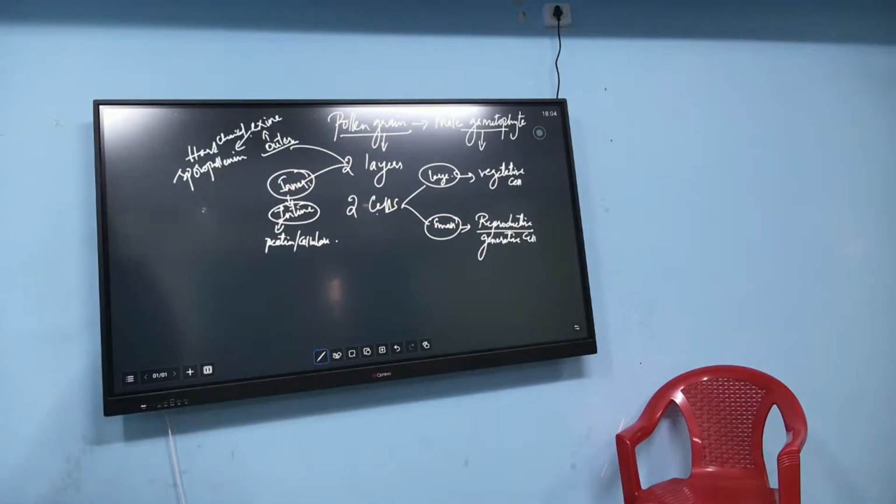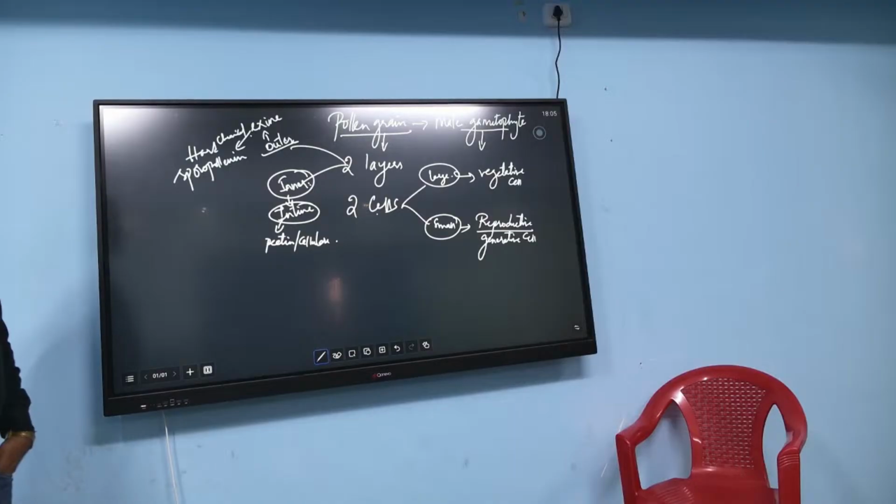So when we talk about pollen grain, point number one, they are male gametophytes. They are microscopic in nature, measuring about 25 to 50 micrometers in diameter. It has two layers and two cells.